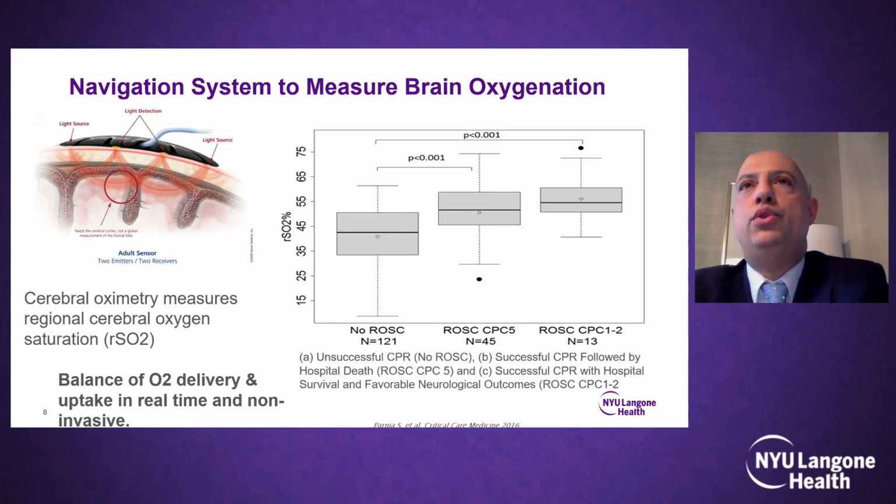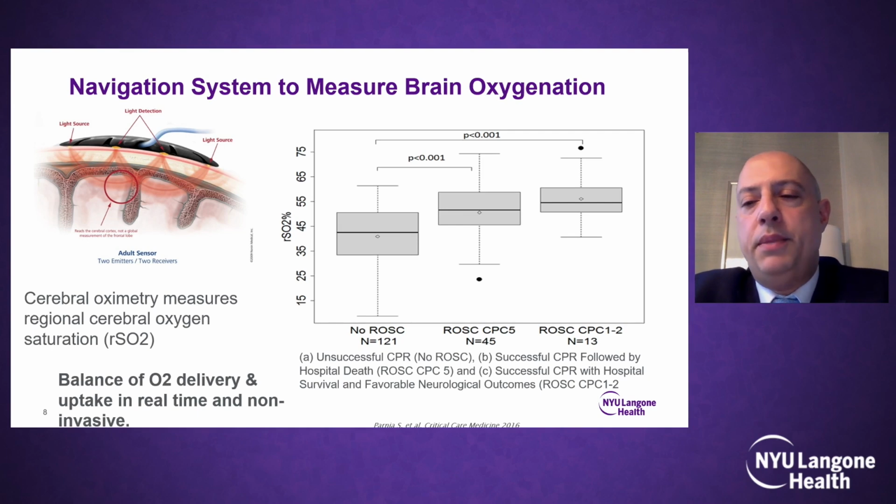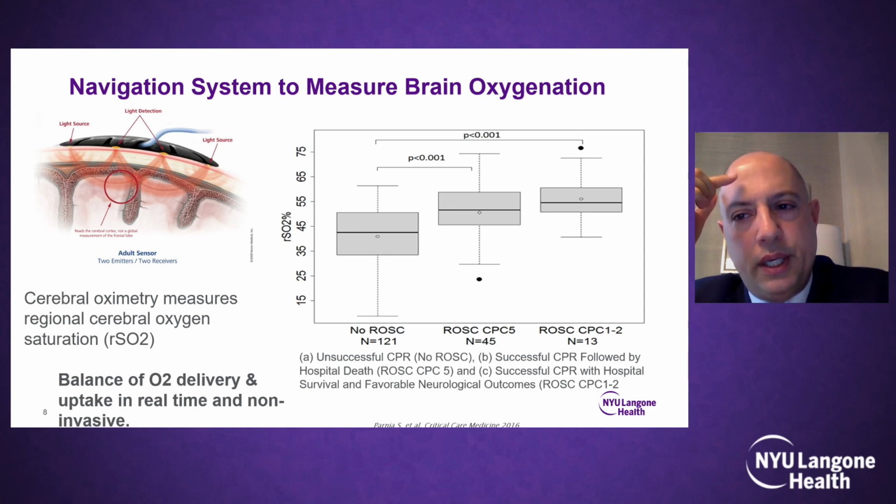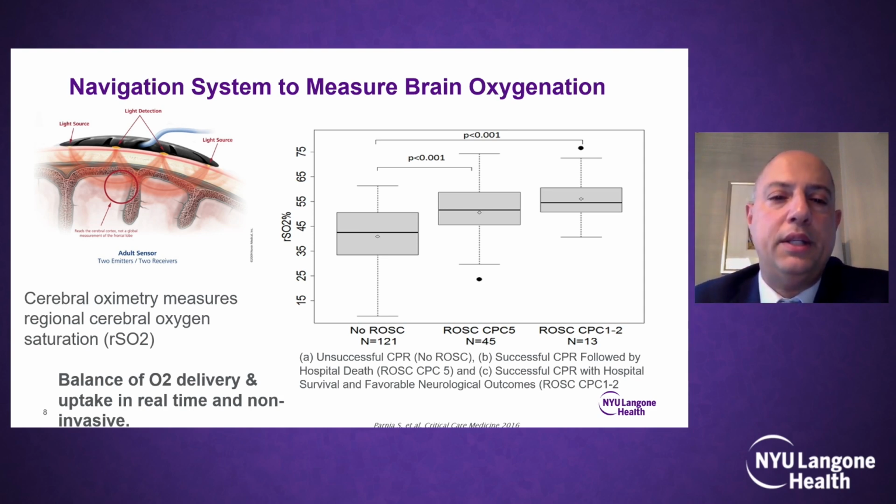So what I'd like to introduce you to now is a system that I believe will be very helpful for clinicians. I've been using it for many, many years, as have a few other people, which is to use cerebral brain oxygen monitoring, cerebral oximetry. For those who might be less familiar, this is a system that is essentially non-invasive. It's very simple. It's a sensor that you can put onto the forehead, as you see here in this picture.